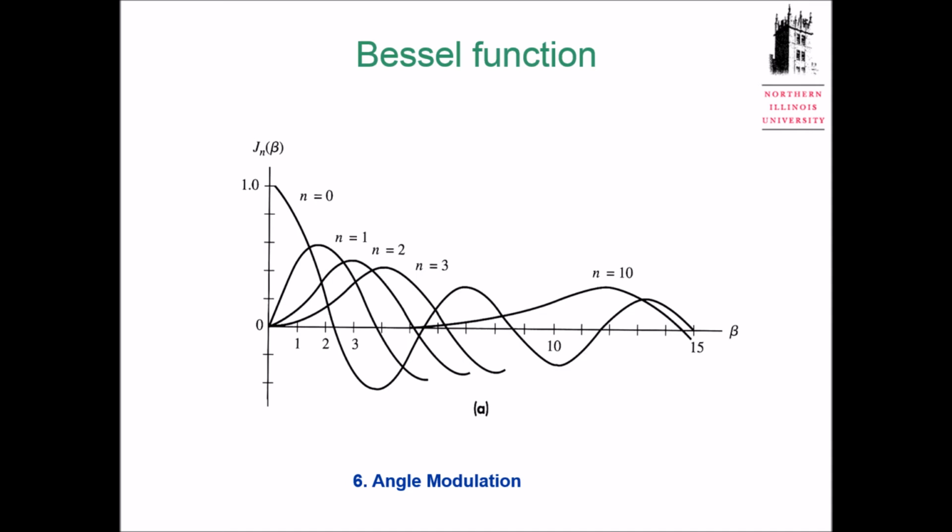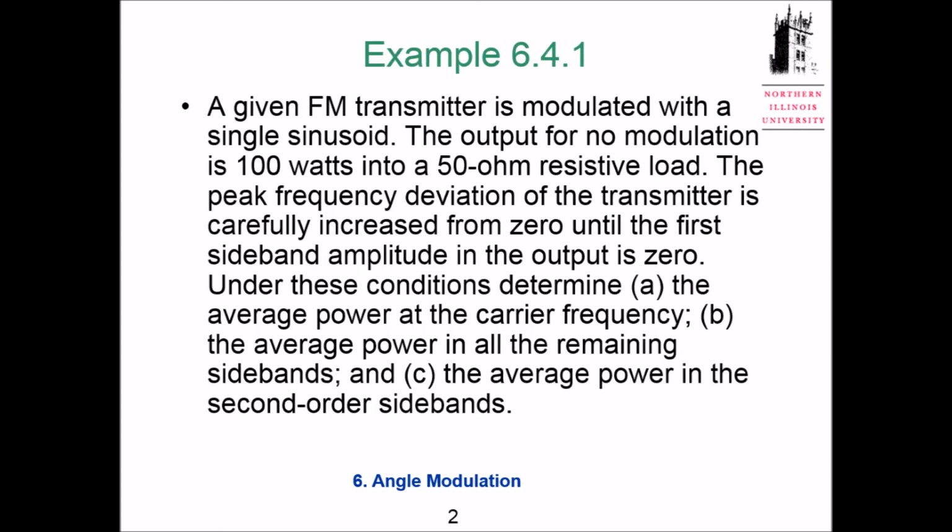Any problems for this exercise number 1? 6.4.1, an example from our textbook. Okay, so let's look at this one. We have a given FM transmitter. This signal is modulated with a single sinusoid.